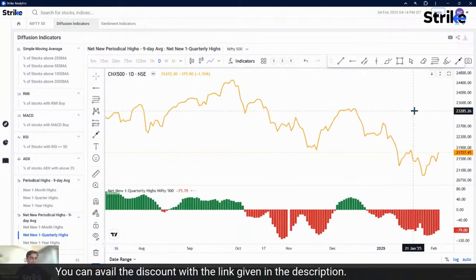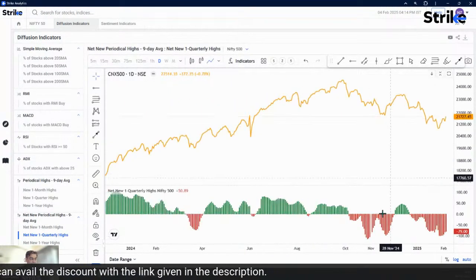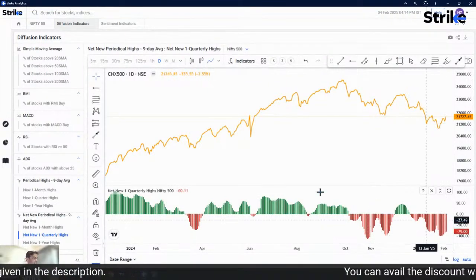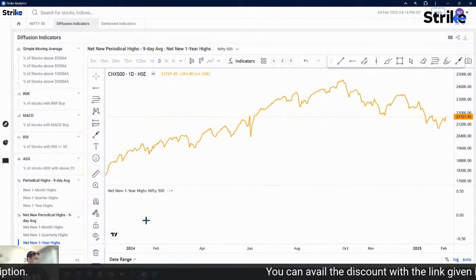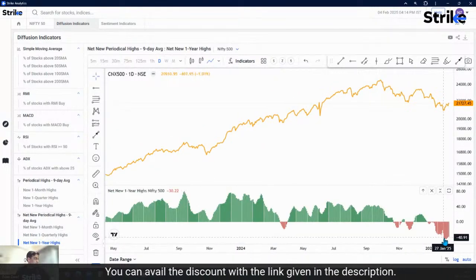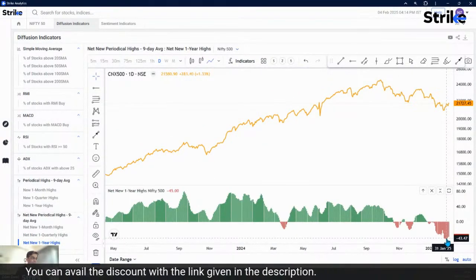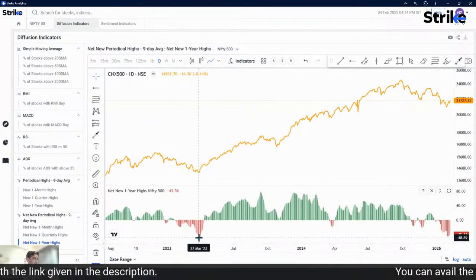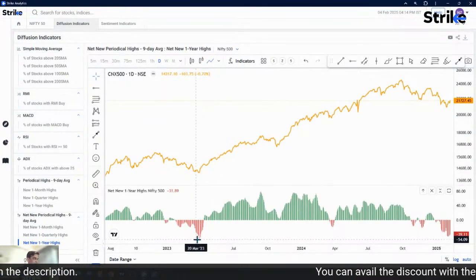Quarterly highs. Again there is an extreme reading, and this extreme reading has started going down. New 1 year highs. Look at this. It has reached a great extreme, my friends, great extreme. Last time it went to this, it was in March 2023.